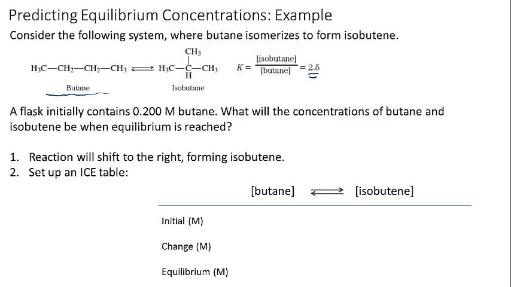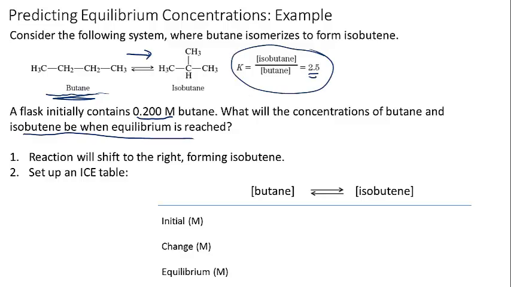If we have a flask that initially contains 0.200 molar butane, what will the concentrations be if equilibrium is reached? And so that means we're starting with just this. Some of this is going to react there. And we're going to do that until this ratio is 2.5. So in this case, we don't actually even need to calculate Q, because we know there's no isobutane. So the reaction's got to go to the right.